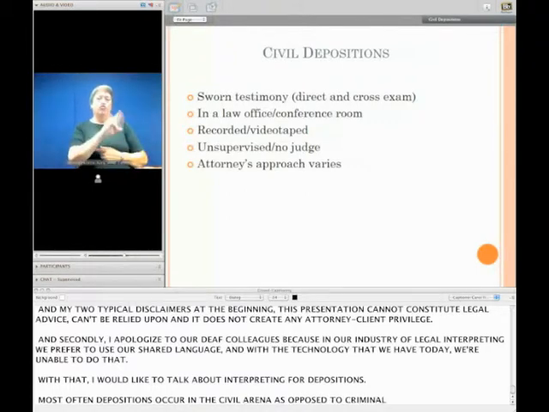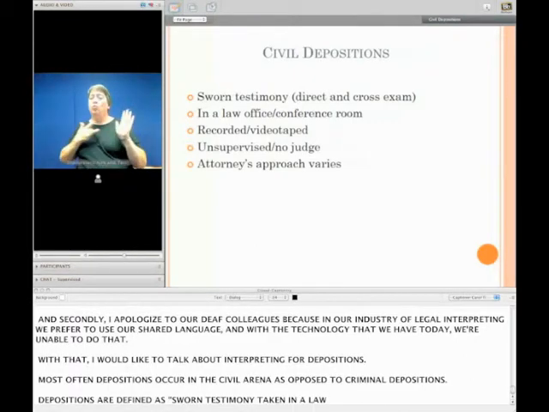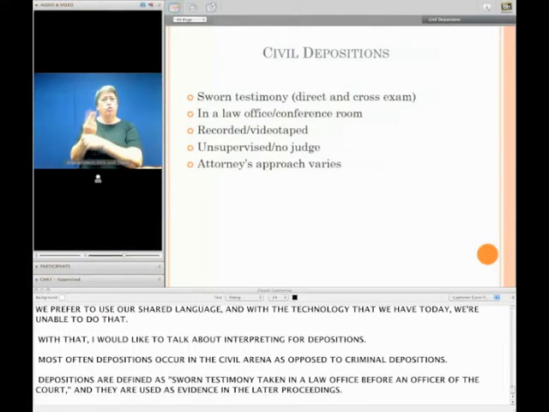Depositions are defined as sworn testimony taken in a law office before an officer of the court, and they are used as evidence in a later proceeding. It's part of what we call discovery.